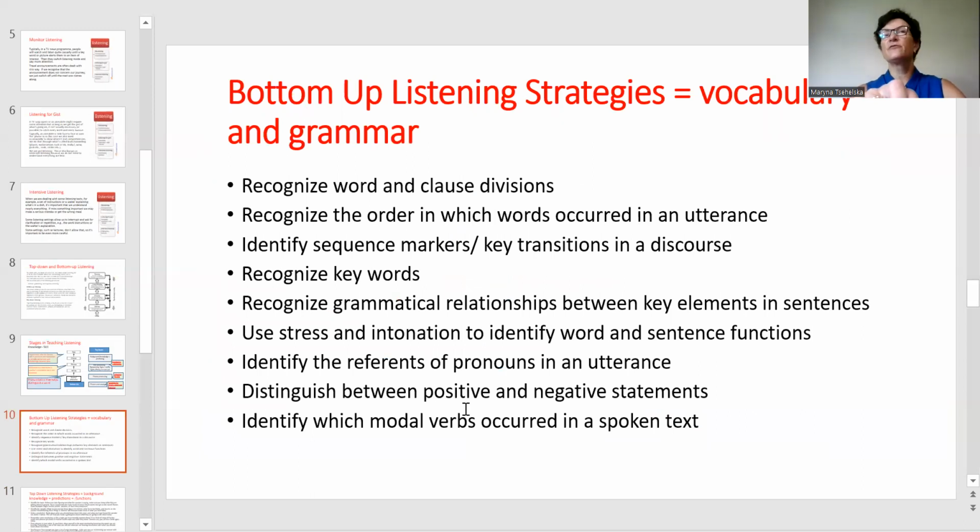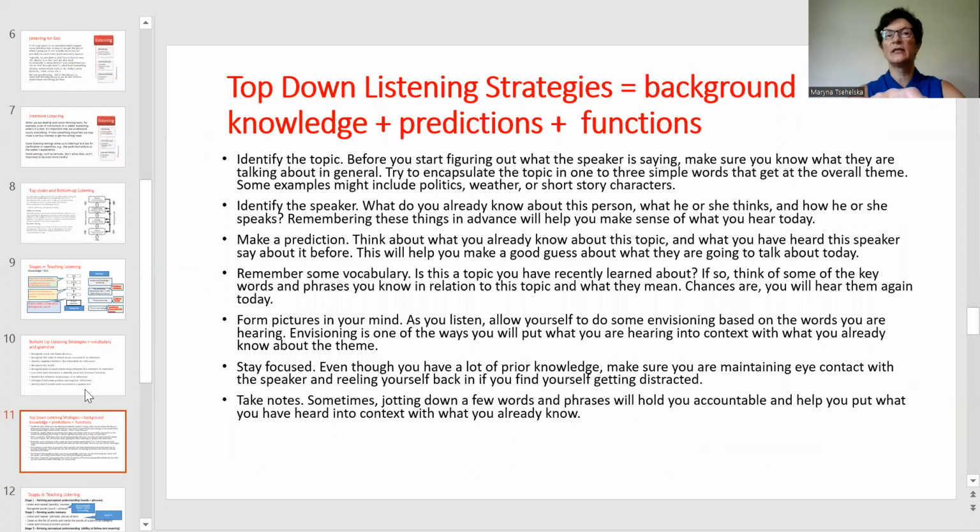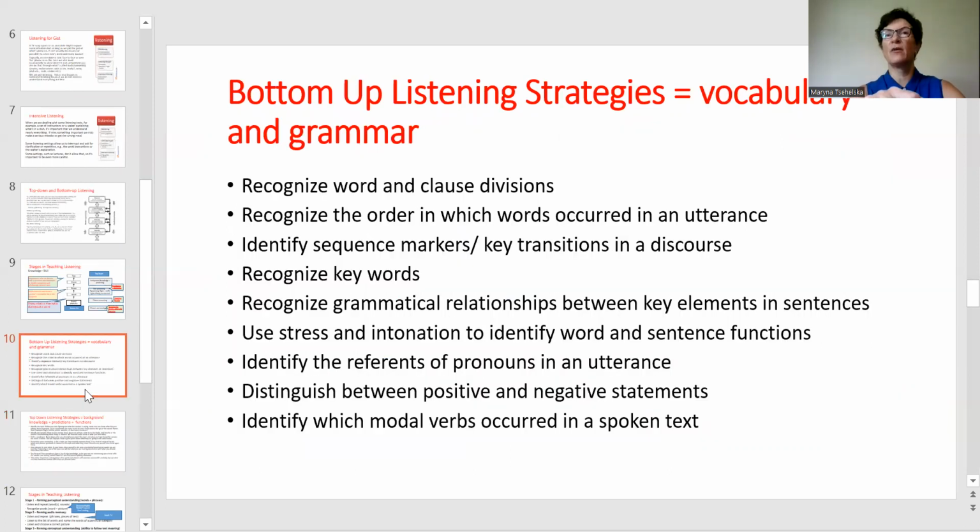So there are different strategies for bottom-up listening and for top-down listening. When it's bottom-up listening, it is important to recognize the words, the clauses, the utterances, keywords, and as you probably understand, this type of listening is much better for beginner students.